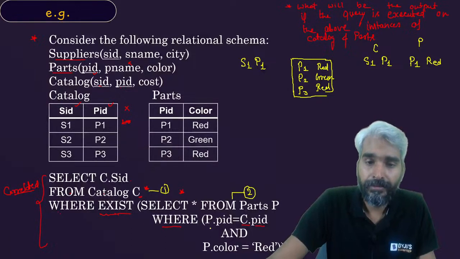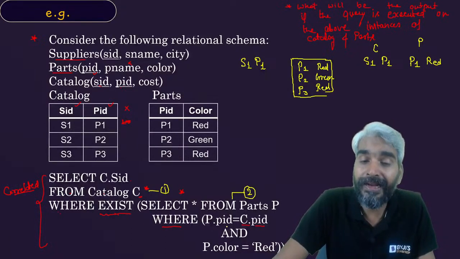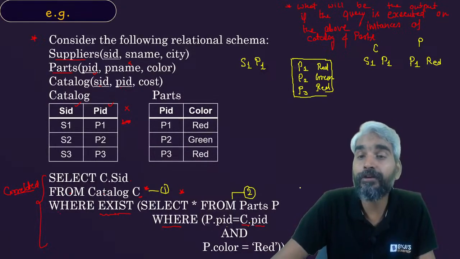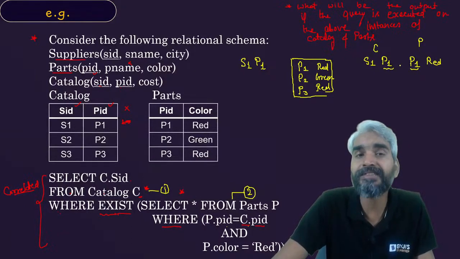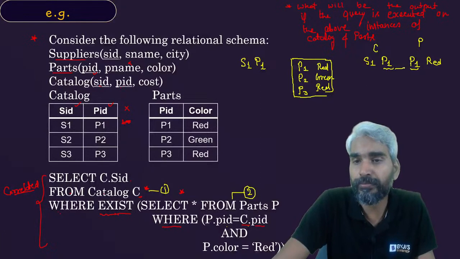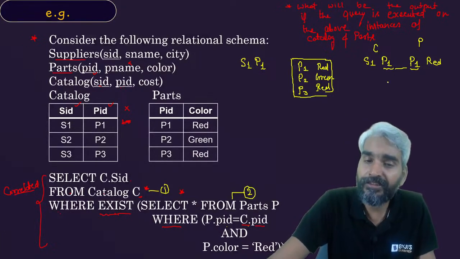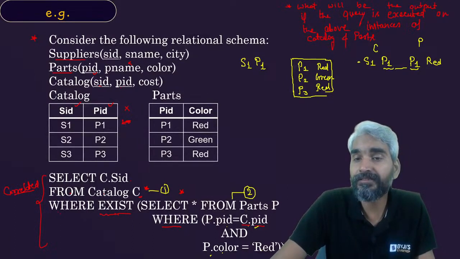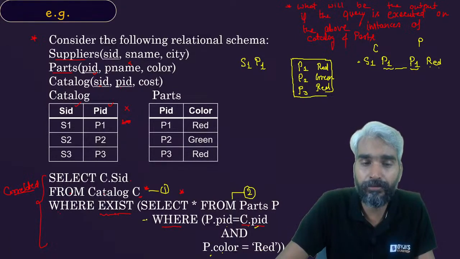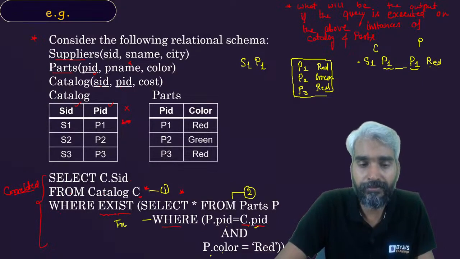You will check whether P dot PID equals C dot PID. Yes, sir, these two PIDs are the same. If it is true, then you will check the AND condition, whether P dot color equals red. Yes, sir, in this tuple P dot color equals red. Therefore, this where condition will be true.